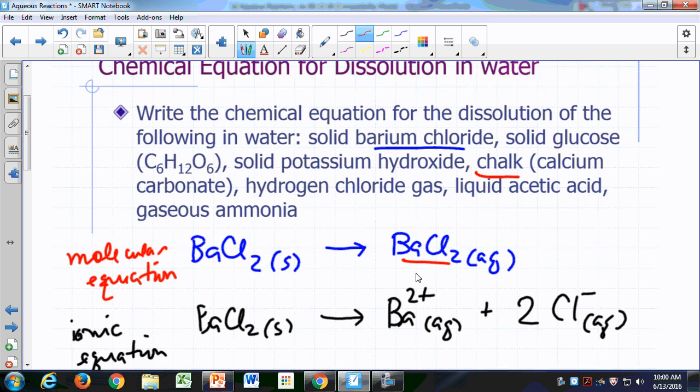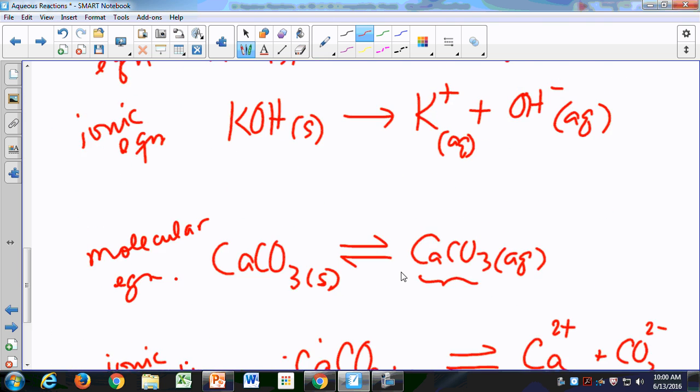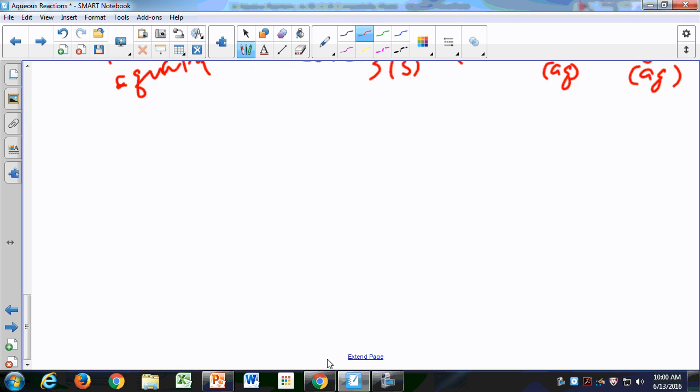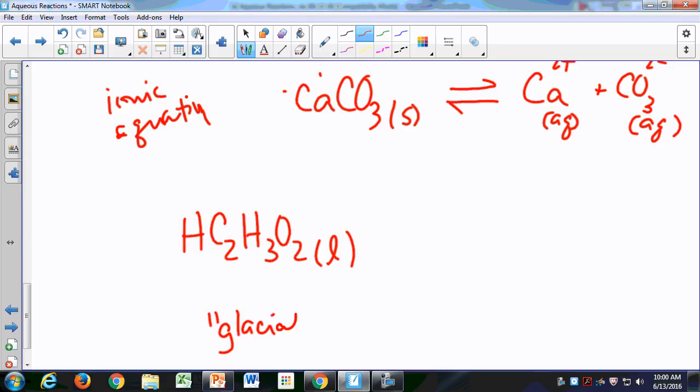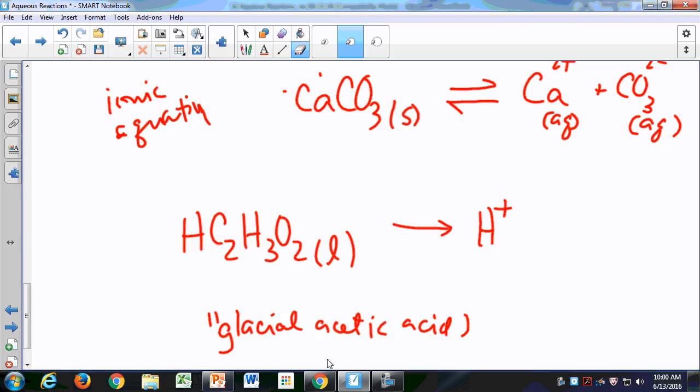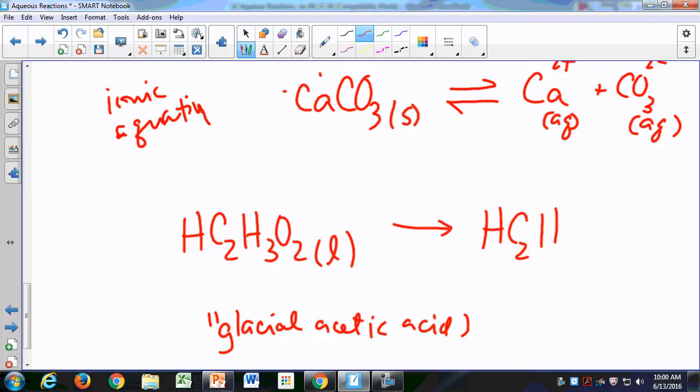Okay, let's look at another example here. Liquid acetic acid. The formula of acetic acid is HC2H3O2. Pure acetic acid, which is a liquid, is also known as glacial acetic acid. If you mix that with water, you're going to get acetic acid in aqueous solution, HC2H3O2 aqueous.